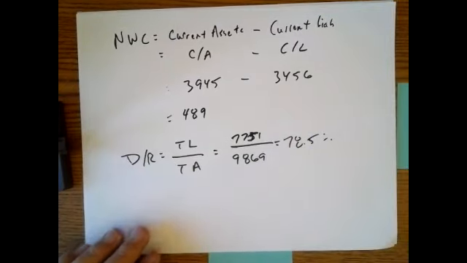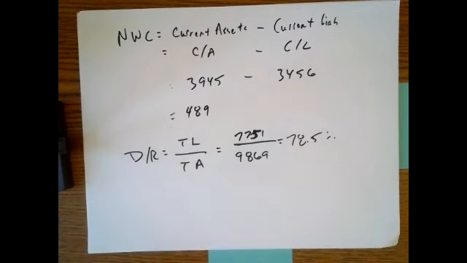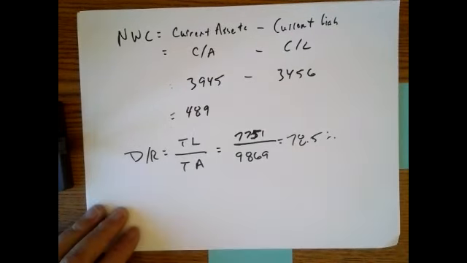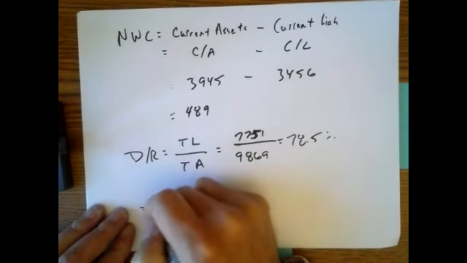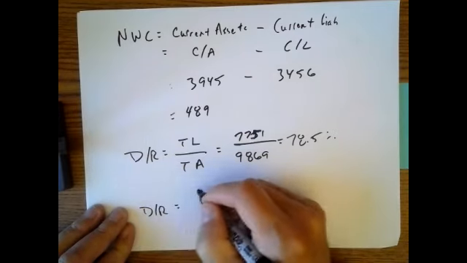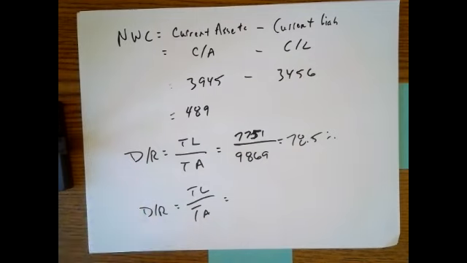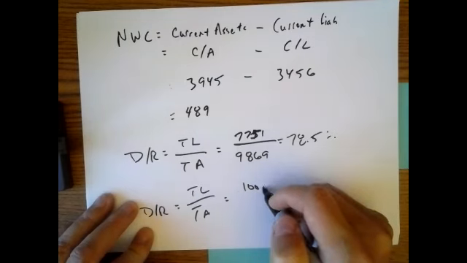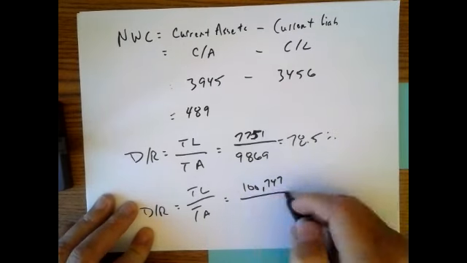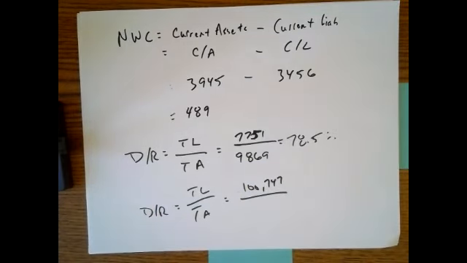Okay. To get Sunnyvale's, we've got to go to Sunnyvale. Sunnyvale's debt ratio, again, is total liabilities divided by total assets. Total liabilities are 100,747, divided by total assets of 154,815.